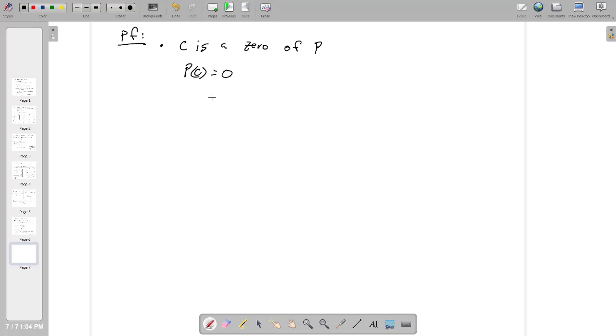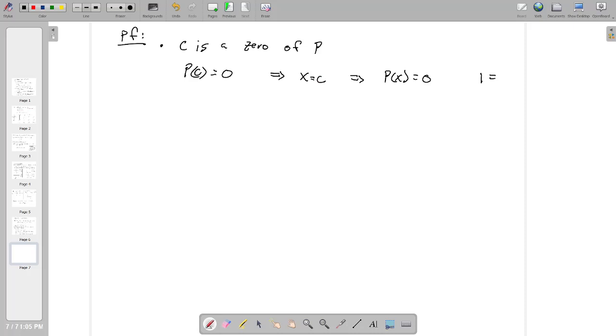A solution has a similar definition. If we say that x is equal to c, this then means that p of x is equal to 0. So if x is equal to c, then p of x is equal to 0, as stated here. Because all we're doing is replacing c with x and saying that x is identical to c.